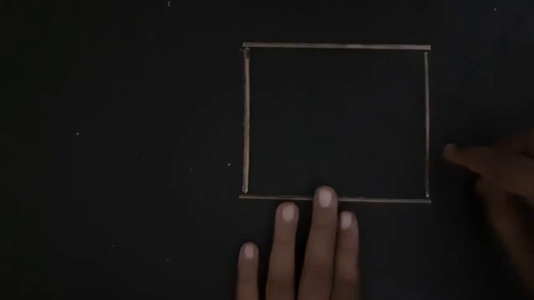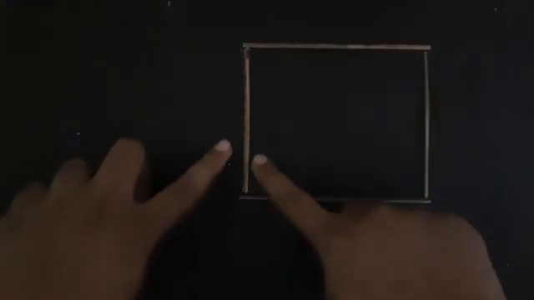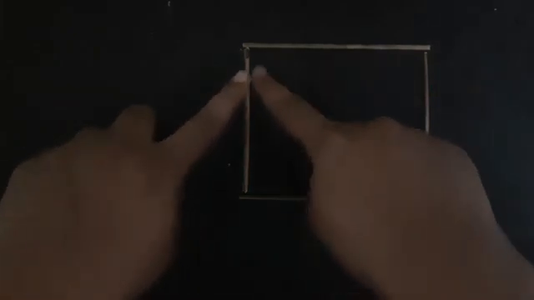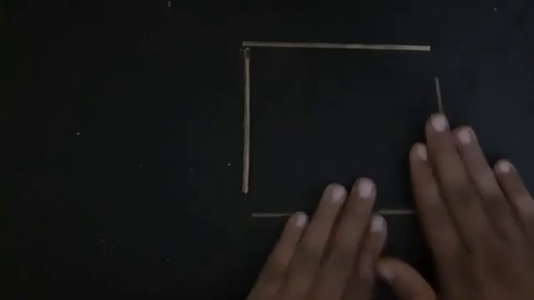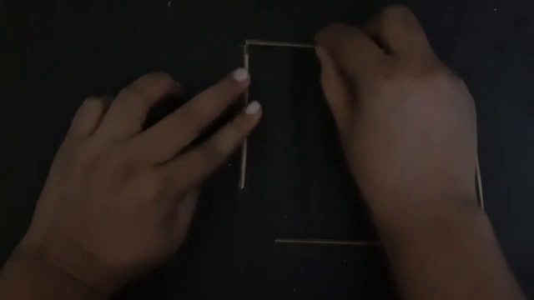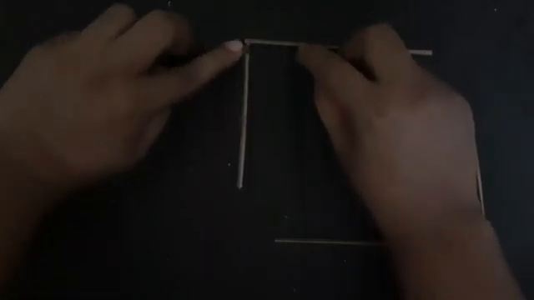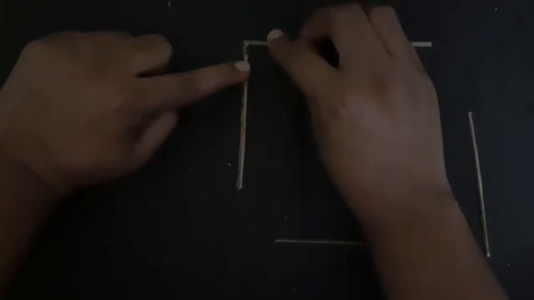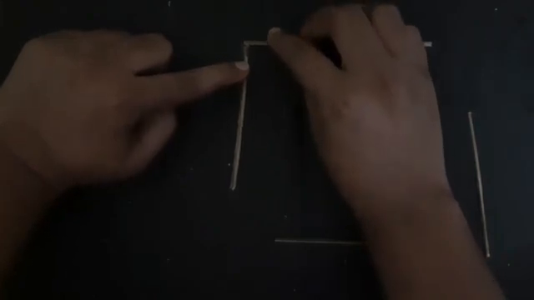Now again I repeat, these 2 lines are running in different directions. This line is running in a different direction and this line is also running in a different direction. When these 2 lines are meeting at one point, can you see? This point we call, very good children, we call it a corner.